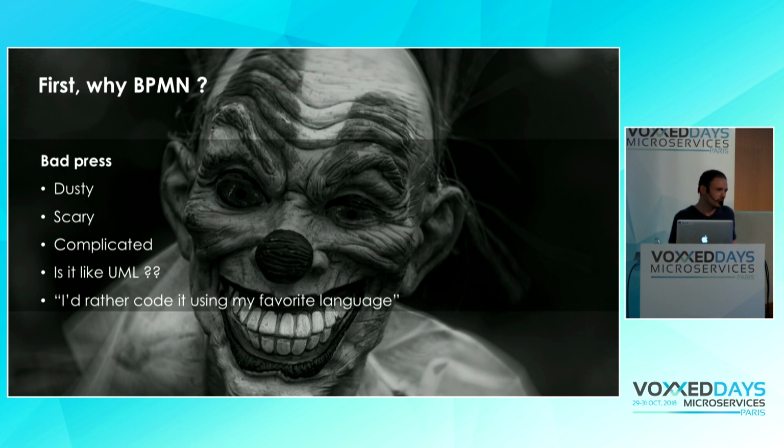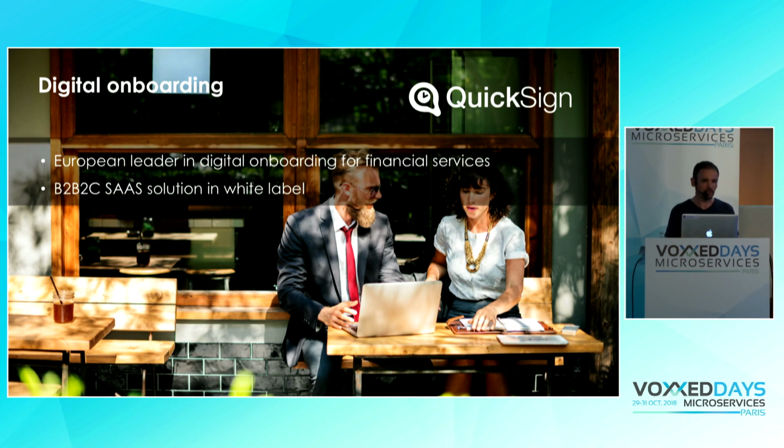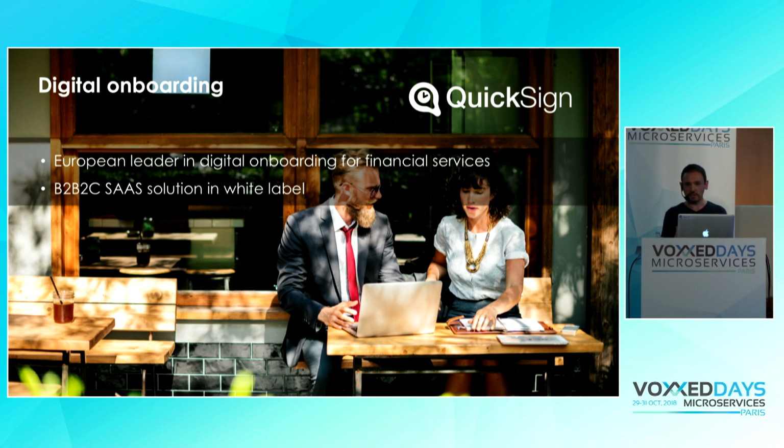Well, let me explain first what we do at Quicksign in order to understand why we chose to use that. We do digital onboarding. We are not very well known by the public. Indeed, we are a B2B2C SaaS solution in white label, which means that you quite never see us, even if you have most likely used us to onboard with some online banks such as Boursorama Bank or Orange Bank.